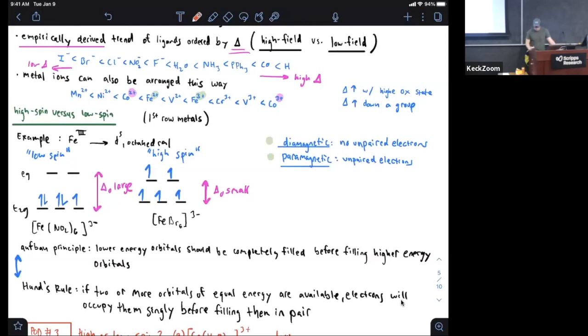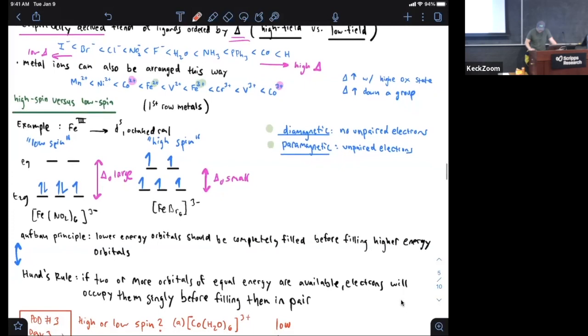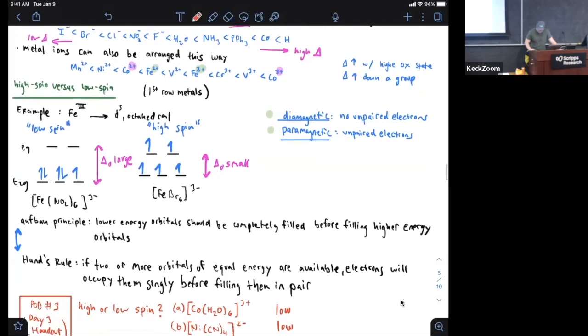I think the qualitative ordering is about as good as it gets here. We'll talk about more systematic ways to characterize ligands later in class.